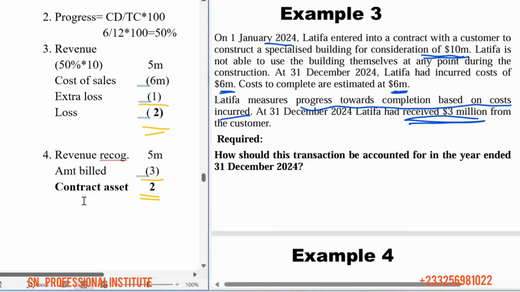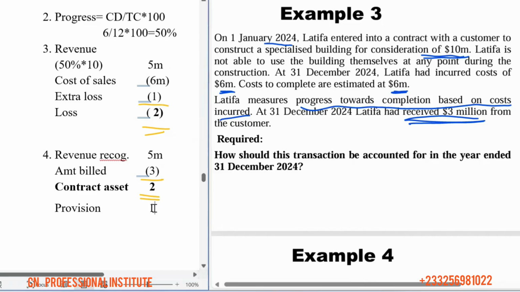So here we assume there's no contract receivable or contract payable. And also in the financial position, if you remember the extra loss, I told you it will be a liability, we call it provision. So you also have to record that in your financial position. Don't forget that provision. How much? 1 million. We made provision for extra loss of 1 million.